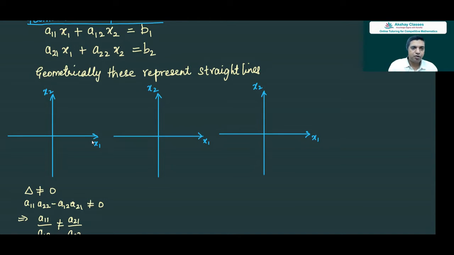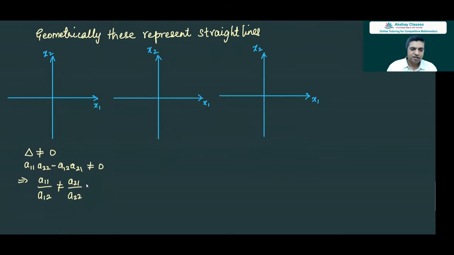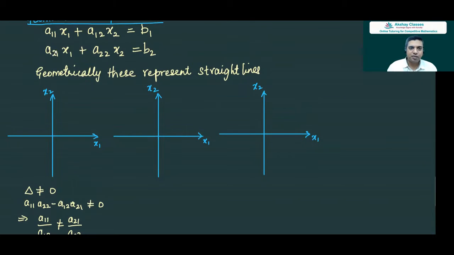So ratios of the coefficients of x1 divided by the ratios of the coefficients of x2, they are not equal. Then what does it mean? They are non-parallel lines. In fact, the slope is minus coefficient of x1 by coefficient of x2.